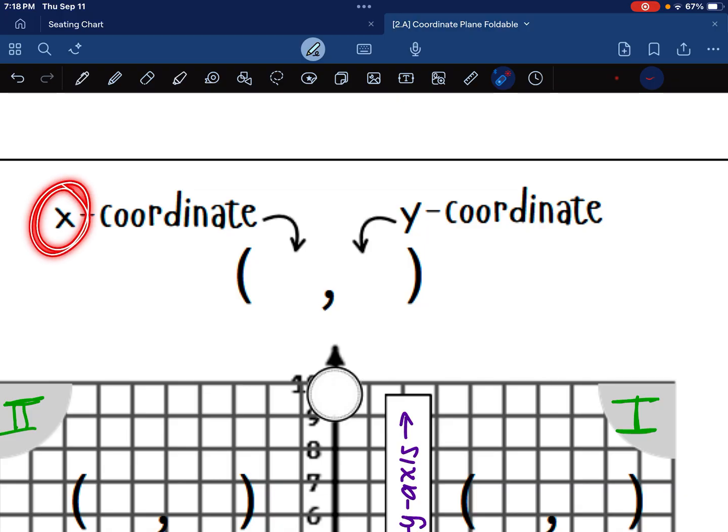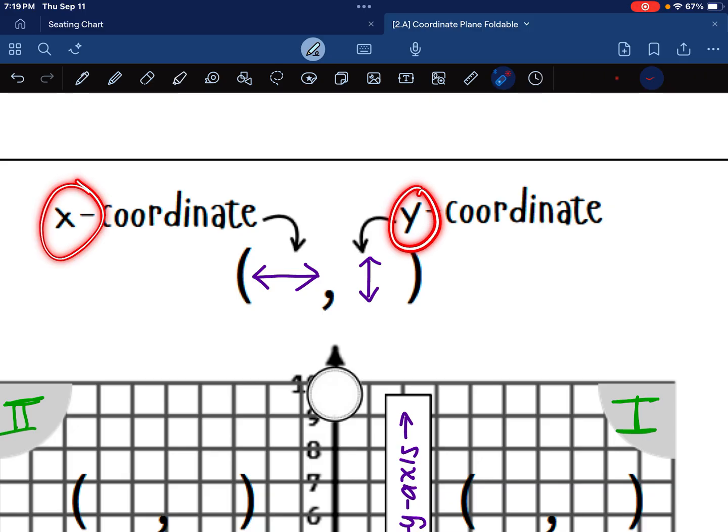So the x-coordinate, which remember is the horizontal component, goes first, and then the y-coordinate, which is the up and down ways, the vertical coordinate, goes second. Remember, they are in alphabetical order, so x goes before y in the alphabet.